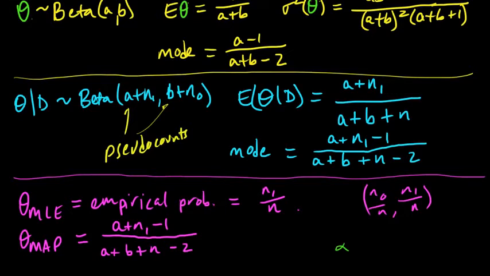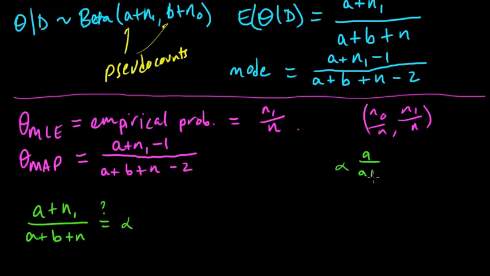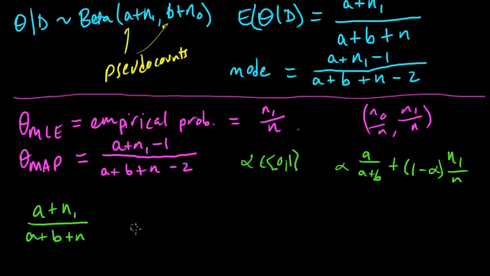Okay, but this was our prior mean, so we want to get this as a convex combination of that and the MLE, which is n1 over n. And alpha here, we want this to be in the interval from 0 to 1. So that's what we want. Let's just write a over a plus b, times a plus b over a plus b plus n, right?